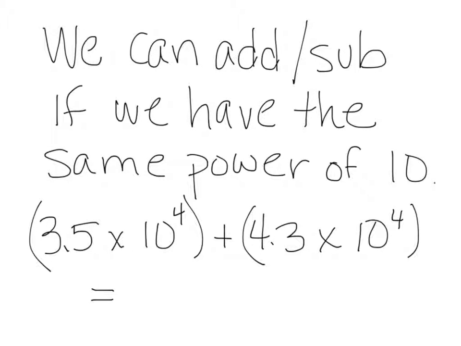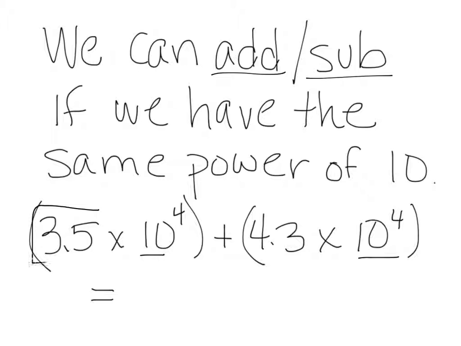We can add or subtract if we have the same power of 10, all right? So if the two numbers that are in scientific notation have the same powers of 10, like in this case 10 to the fourth and 10 to the fourth, then we can add those numbers together. How do we do it? Well, it's rather simple.